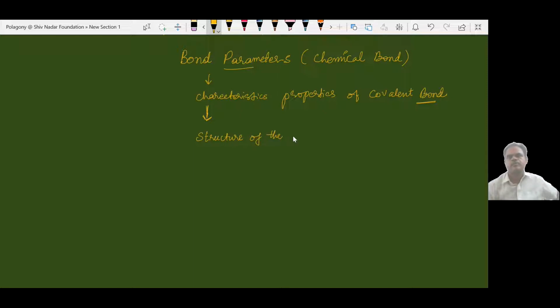The characteristic properties of the covalent bond help us to know the structure of the molecule, and if you know the structure of the molecule, we'll understand the properties of the molecule.